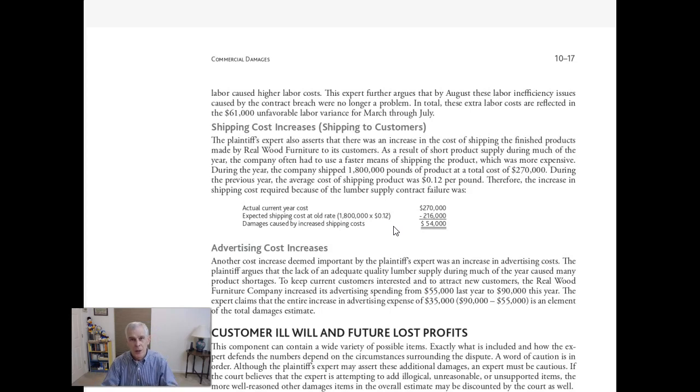Maybe they had to expedite the shipping and so forth, so they had to get it out quicker, use different kind of shipping. Their actual cost of shipping was $270,000. That's not the same $270 we saw earlier. This is different. They had expected shipping would be $216. This $54,000 is another cost to consider.